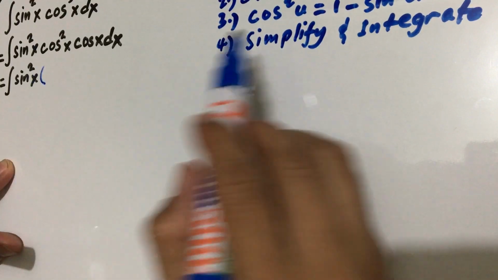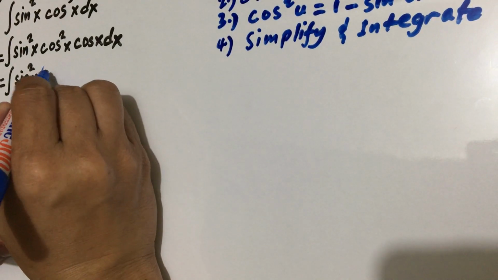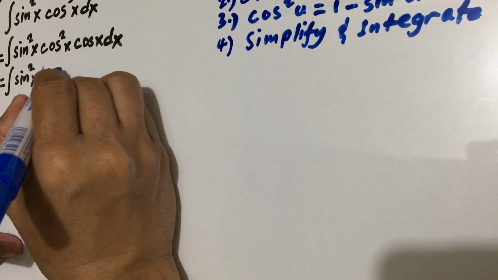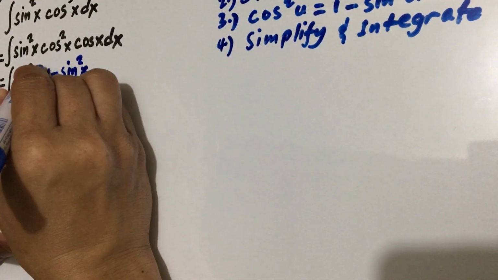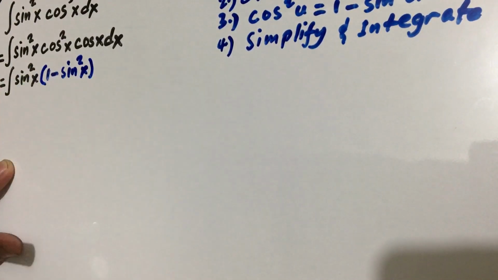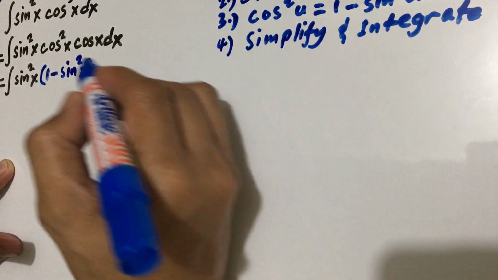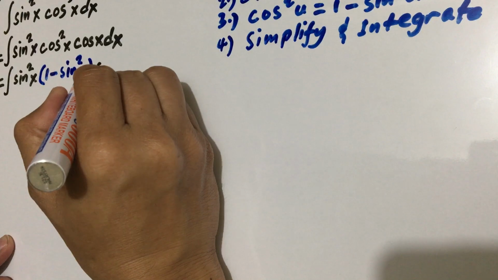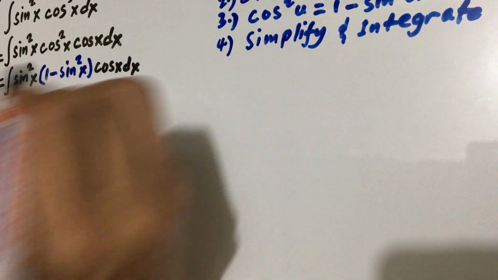We have cosine squared, so 1 minus sine squared x, multiplied by cosine x dx.